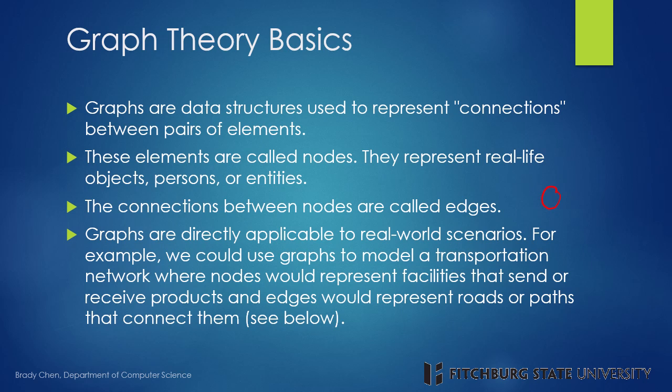I also note this is a node, or you can call it a vertex, or vertices. The connections are represented by the edge, and if you apply it to a network, you can call it a link.